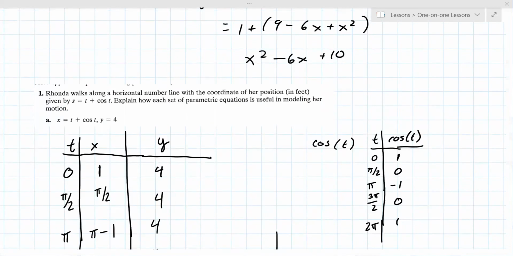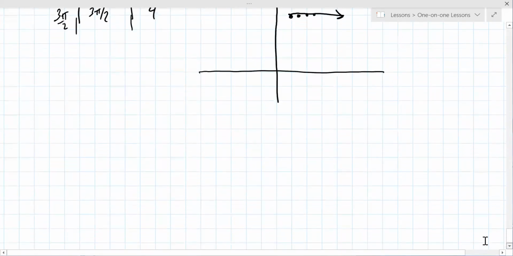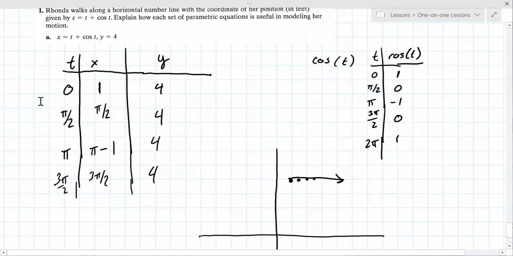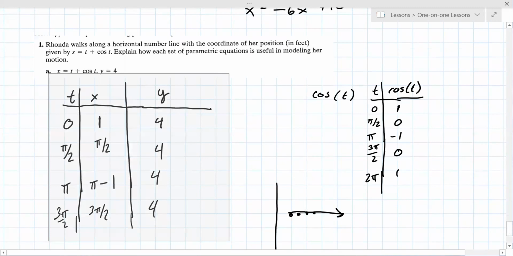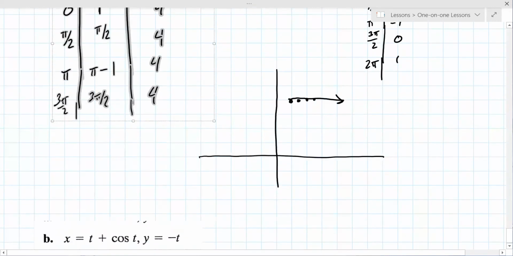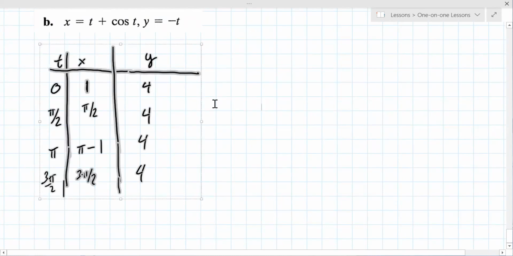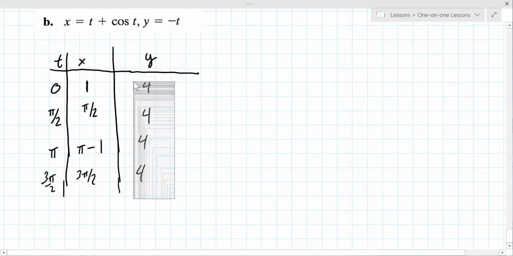Now part B, we're going to borrow from part A, but part B is a little bit different. So I'm going to grab this table. What's different here is that y is no longer the same number.